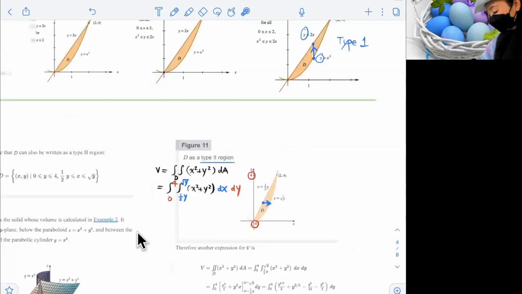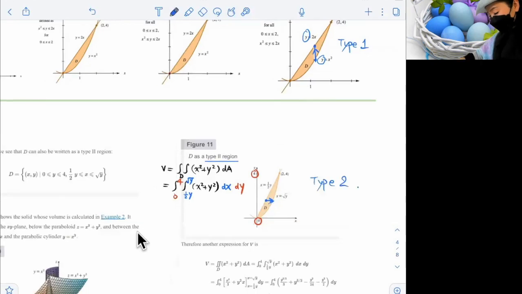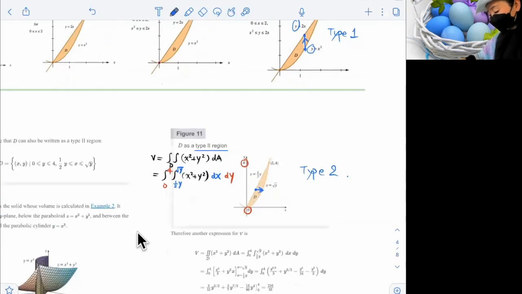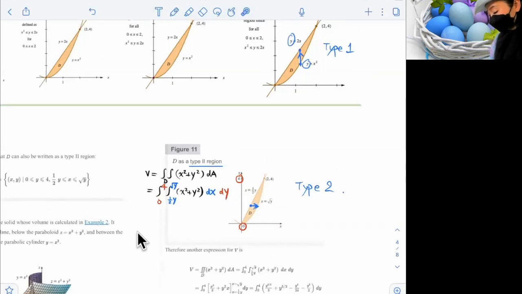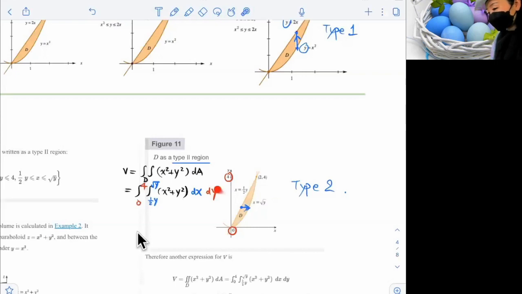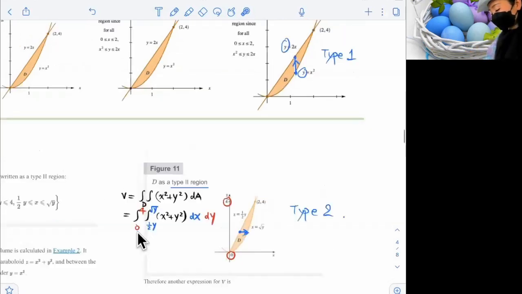But sometimes one of them might be a little bit easier than the other, and you just pick the integral that's easier to evaluate. So if it's both type 1 and type 2, you can just pick the integral that will be simpler to evaluate. Okay. Question here so far?